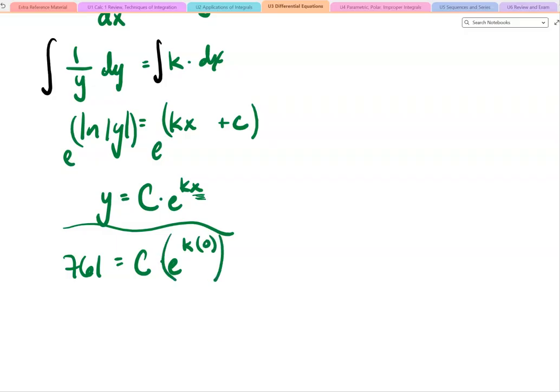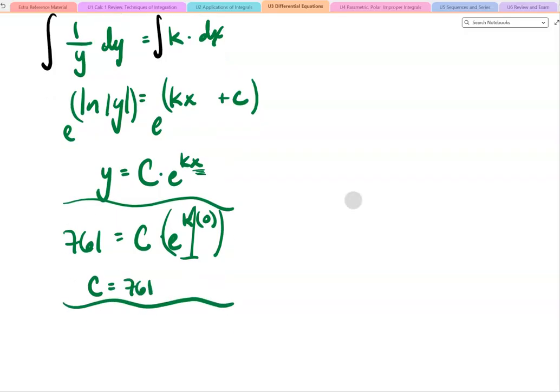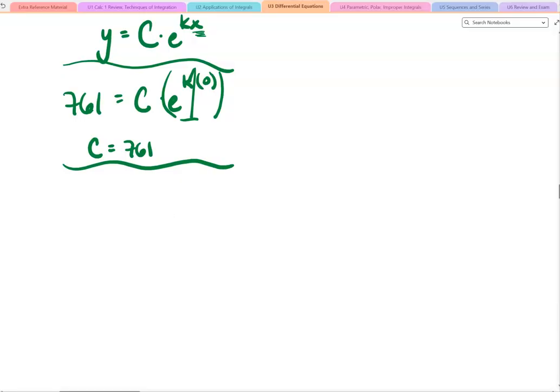Well, this elevation of 0 times k is also 0. e to the 0th power goes to 1. So that effectively factors out and disappears. So we now know that C is equal to 761. So that tells me our formula is a bit more refined at this point. Y must be equal to, in this scenario, 761 times e to the kx power.